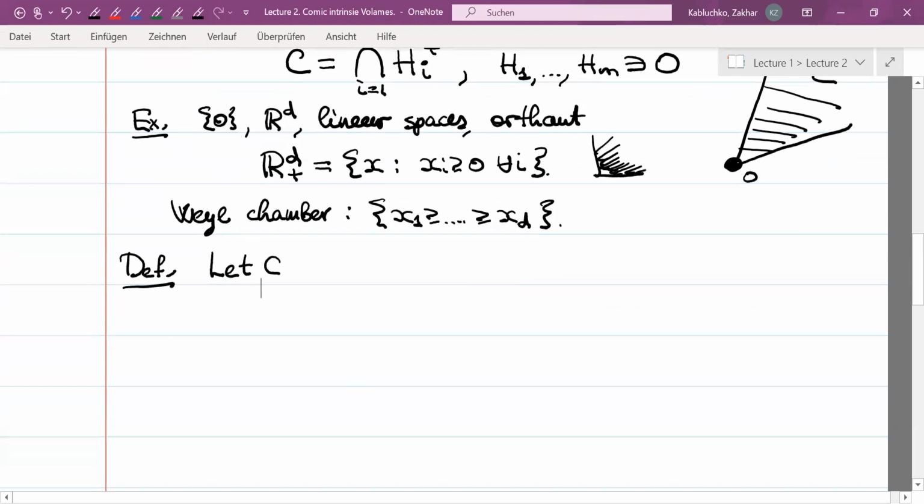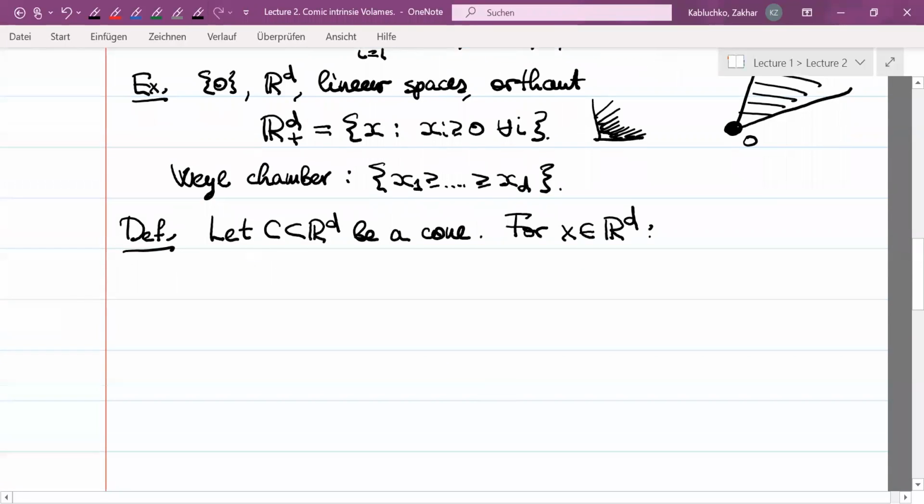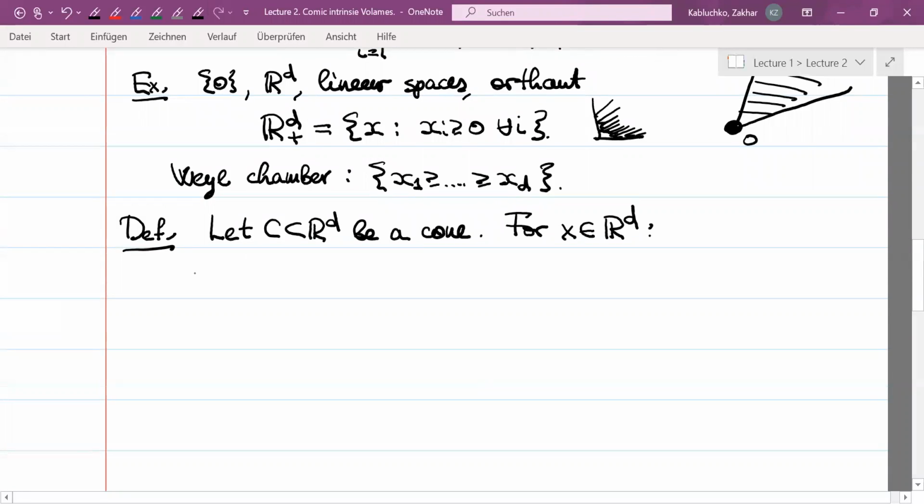Now let C be a polyhedral cone, and for x, a d-dimensional point, we define the notion of metric projection to the cone as follows.